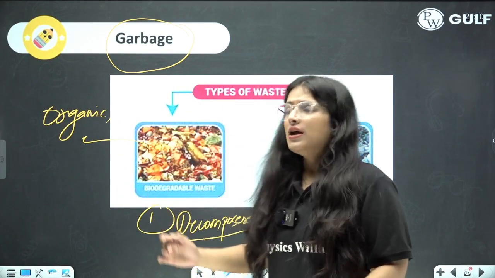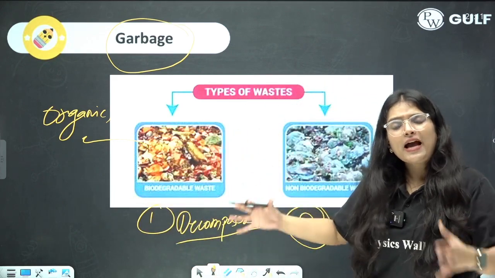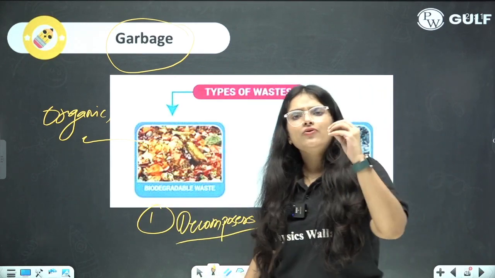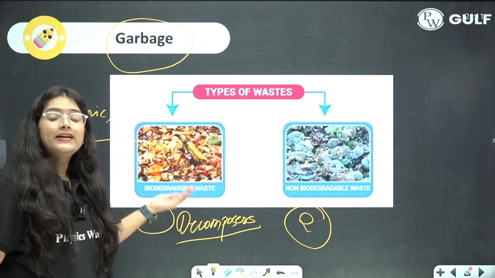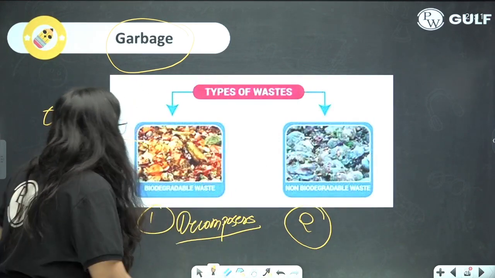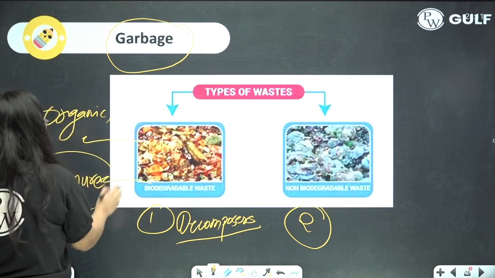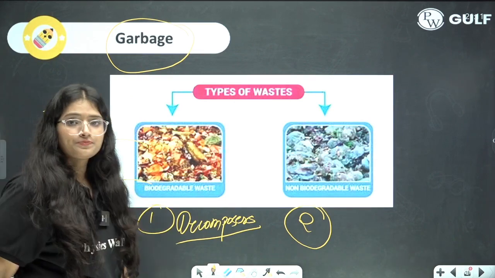These can be degraded by the decomposers, broken down into much simpler substances, and then it is safer to return them to the soil so that it receives some nutrients. From biodegradable waste we can also form manure, and this manure will provide nutrients to the soil, so we can help the producers to grow.